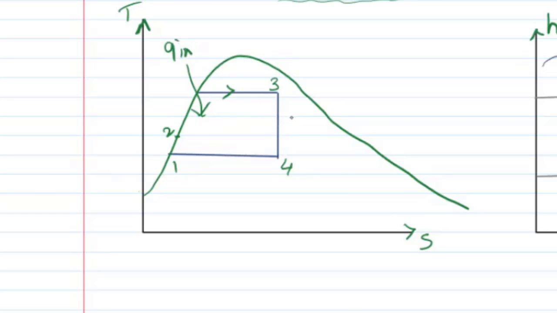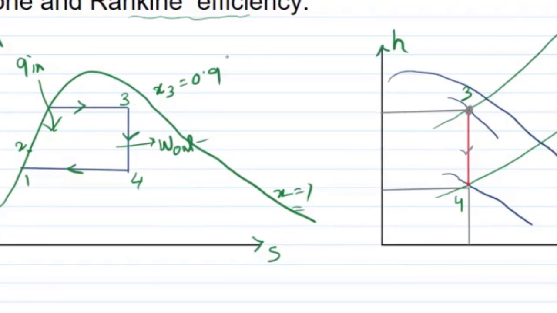The process 3-4 is the expansion process in the turbine, that is W out, and process 4-1 is the condensation process, and the cycle repeats. At point 3, x3 equals 0.9. That means the dryness fraction is 0.9, and this line is x equal to 1, the saturated dry steam line.